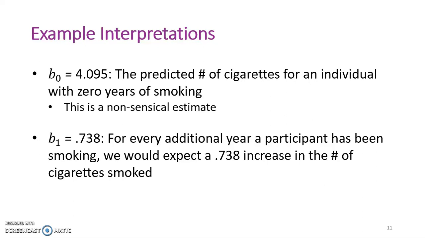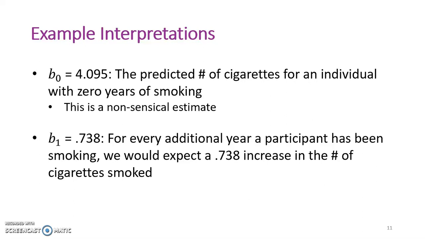Now, the interpretation from our example for the slope coefficient, which is 0.738: remember that for every 1-unit increase in X, we get the predicted increase in Y. So 0.738 means that because our X is scaled in terms of years of smoking, for every 1 additional year a participant has been smoking, we would predict a 0.738 increase in the number of cigarettes smoked per day.